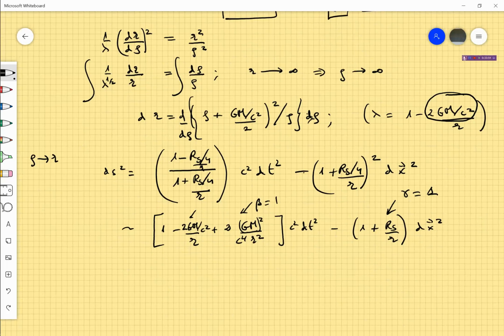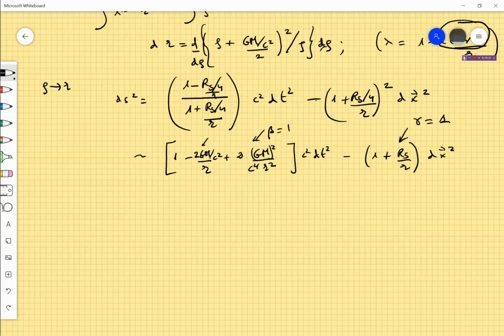So the next thing that one has to do in order to find predictions of this family of theories, if the predictions are based on the motion of particles or the propagation of light, is to compute the Christoffel symbols to study the geodesics.